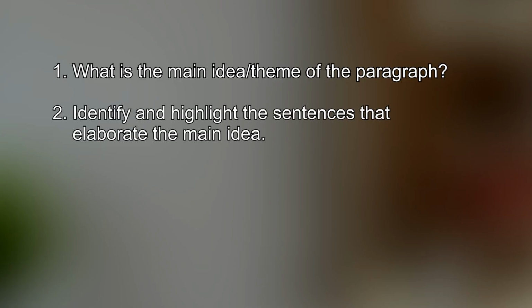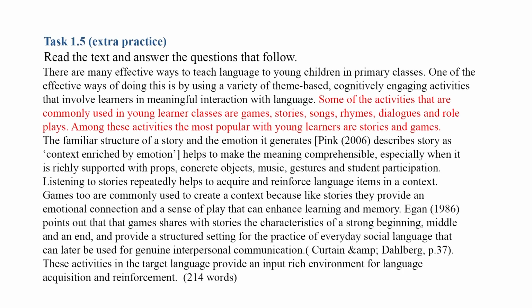Now, what are the other sentences in the paragraph which help to elaborate this main idea? Let's read some of them. It talks about using games, stories, songs, dialogues and role plays as the activities it suggests that we use to contextualize young learner instruction, and talks specifically about stories and games and how they help in making the learning process interesting for children.